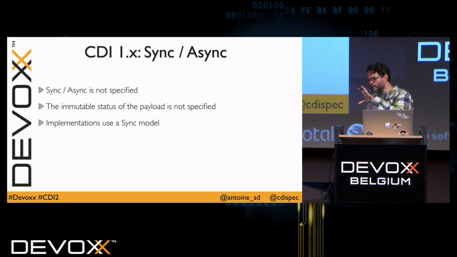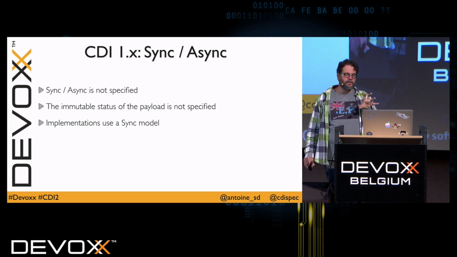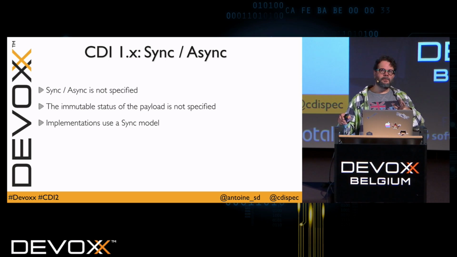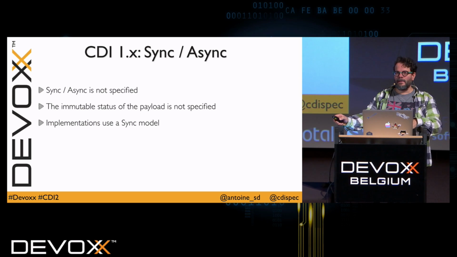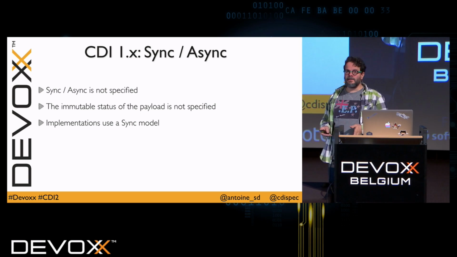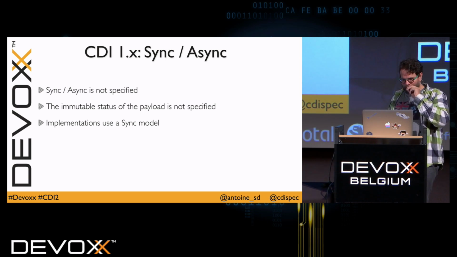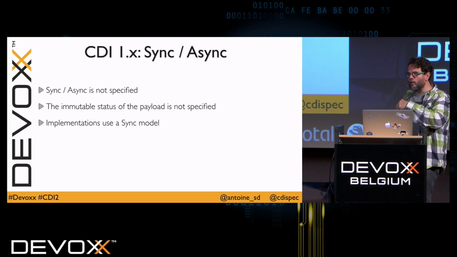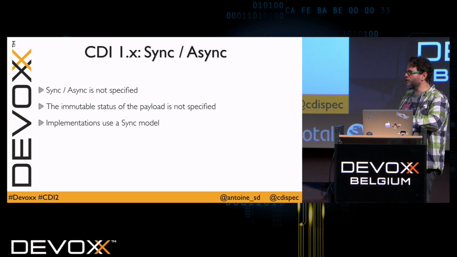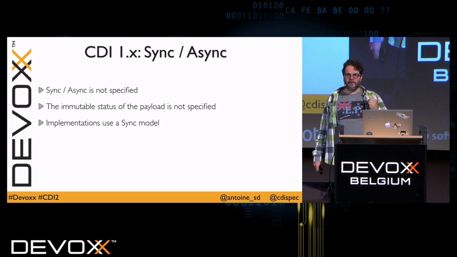If you read the current chapter on events in the CDI 1 specification, it's not really specified that the events are synchronous. It was a decision taken by implementers, so today it's something that we have to take into account. We have synchronous events in CDI 1. We also have usages that were taken by users and that were allowed by implementations, which is the fact that the payload used in an event can be mutated.